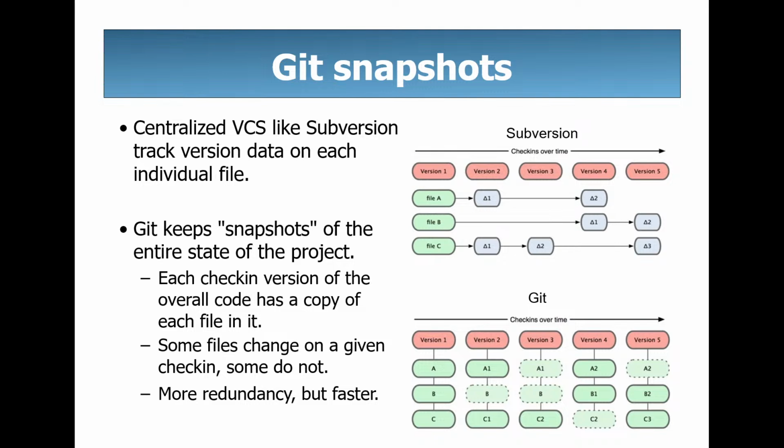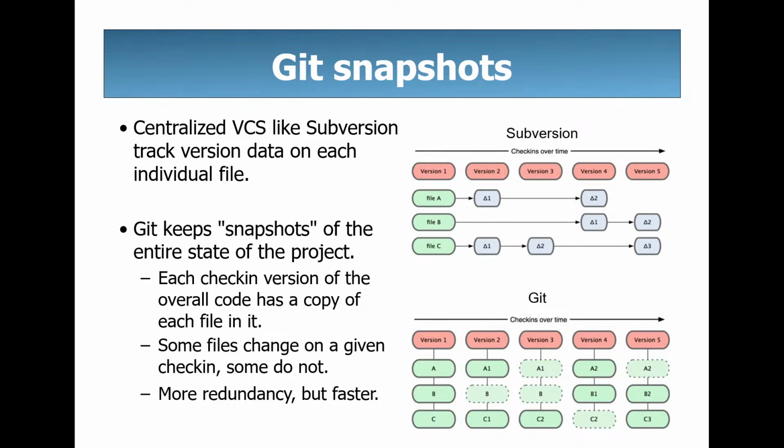Fourth one, efficiency. Content addressable storage. Git uses a content addressable storage system where each object is identified by its SHA-1 hash.